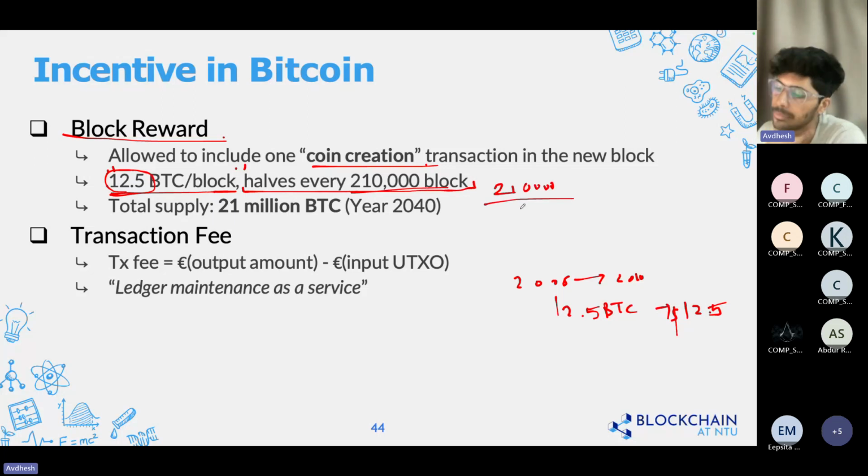If the average time taken to append a block is around 10 minutes, the calculation comes out to be every 4 years. So every few years the reward gets halved. And you can see it in the monetary value as well.